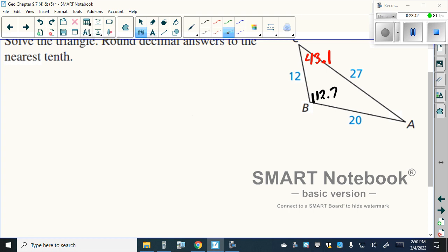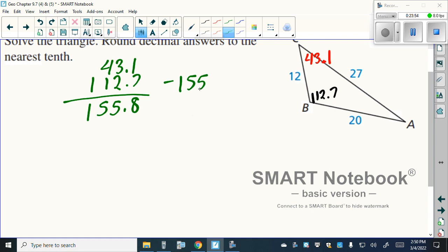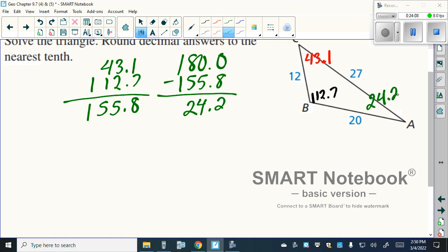So we can add 43.1 plus 112.7, 155.8, and subtract 155.8 from 180, 24.2. And we should get 24.2 degrees. So we found that the measure of angle A is 24.2 degrees.